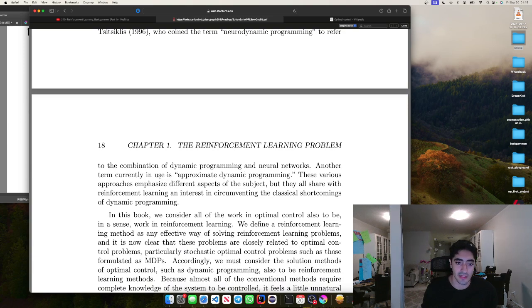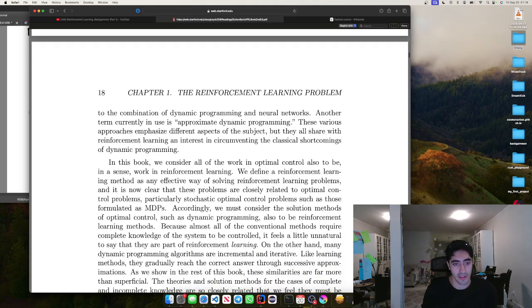Another term currently in use is approximate dynamic programming. These various approaches emphasize different aspects of the subject, but they all share with reinforcement learning an interest in circumventing the classical shortcomings of dynamic programming.